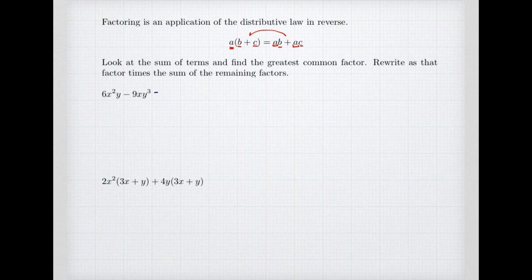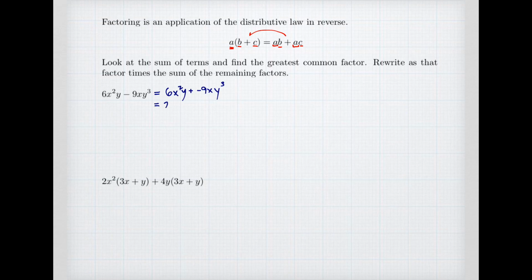So let's rewrite it. It's 6 times x squared times y, plus negative 9 times x times y cubed. What I'm going to do is think of all of the factors of these values.